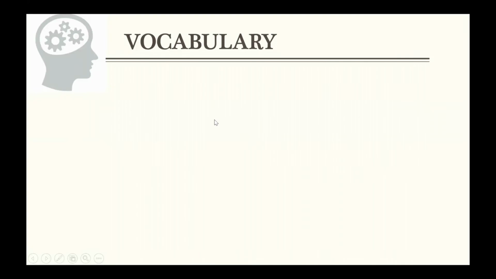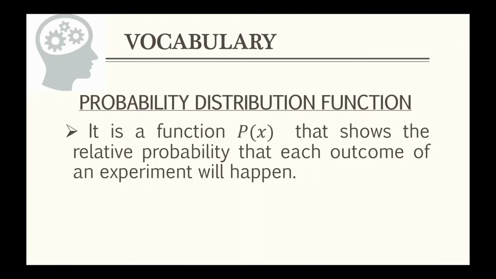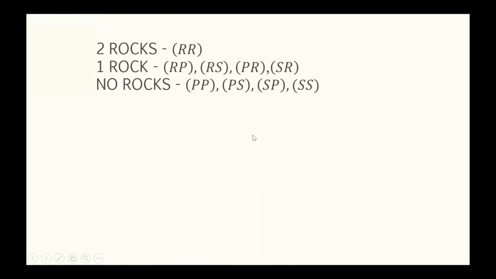The next one is the probability distribution function. It is a function P of x that shows the relative probability that each outcome of an experiment will happen. Probability distribution function is denoted by P of x. From our previous random variable, getting the number of rocks, we have R as rock, P as paper, and S as scissors.